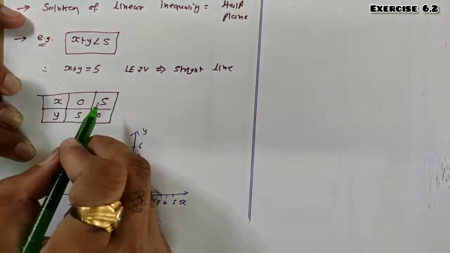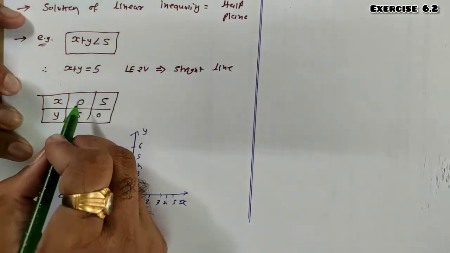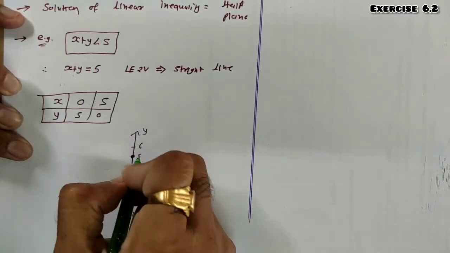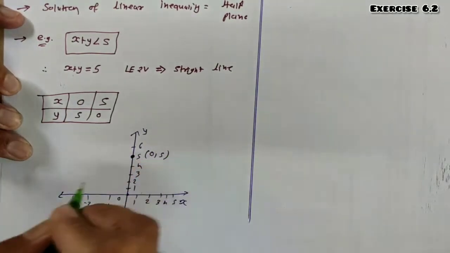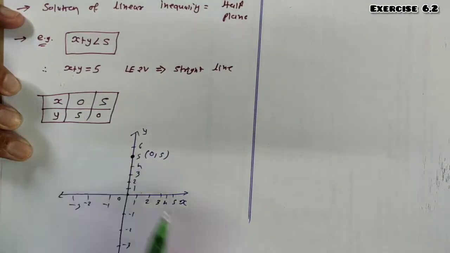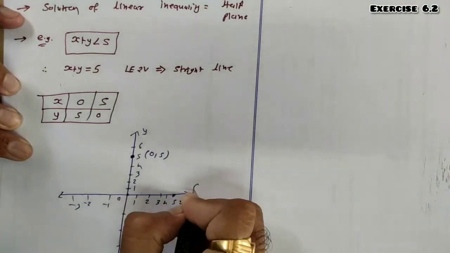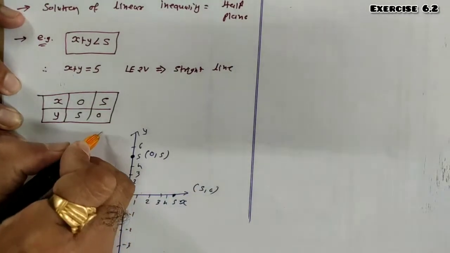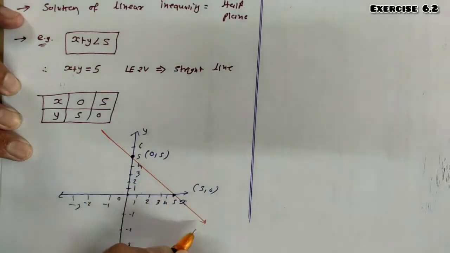Now we have to locate these points in the Cartesian plane. The first point is x 0, y 5, that is (0, 5), which lies over here. Another point is (5, 0), which will be over here. Two points are there, and joining these two points we get one straight line.